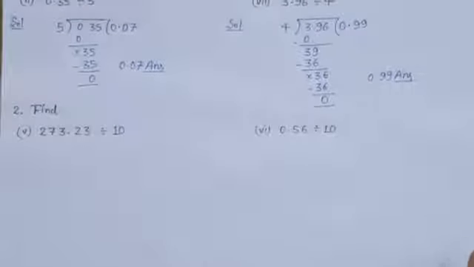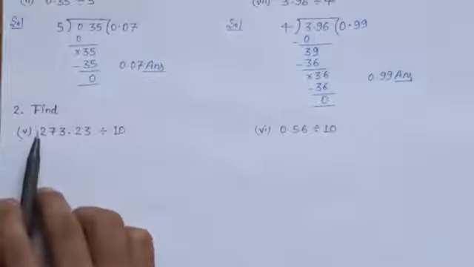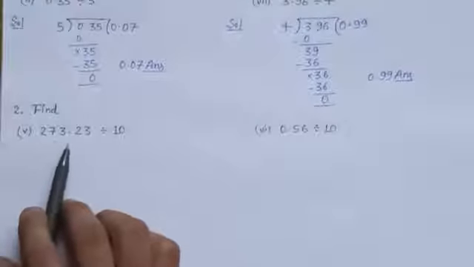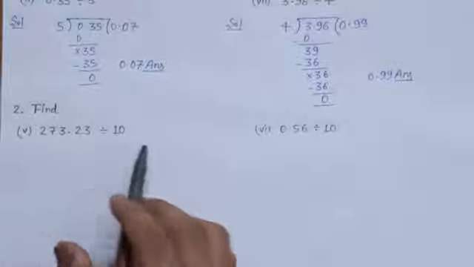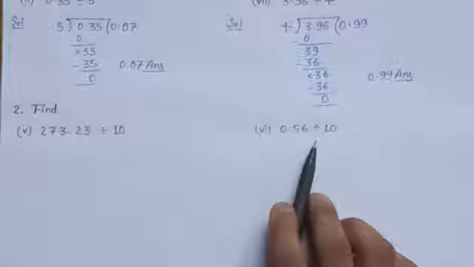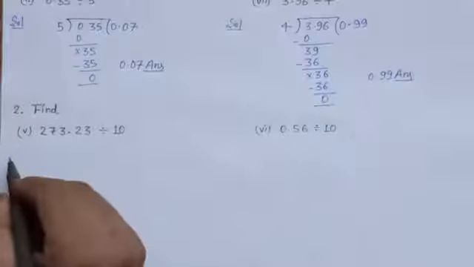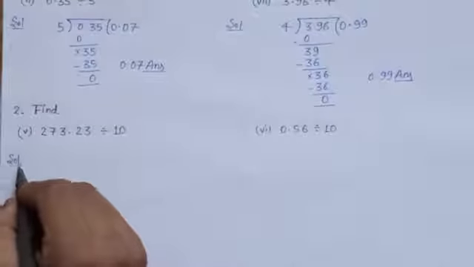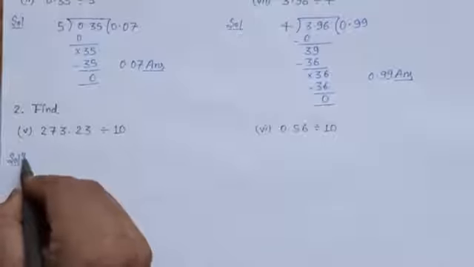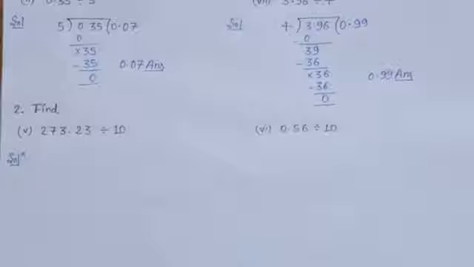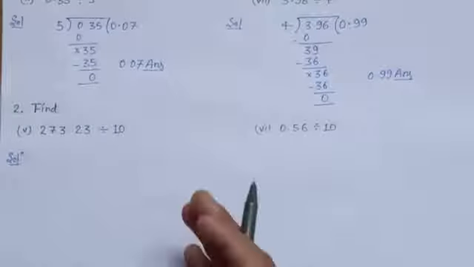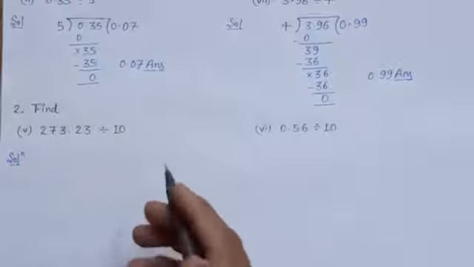In the next question we are given to find, first part 273.23 divided by 10 and next part 0.56 divided by 10. So from these problems you can see that we have to divide the given decimal by 10. And students, you know that whenever we have to divide a given decimal by 10, we shift the decimal point of the given decimal to the left by 1 place.